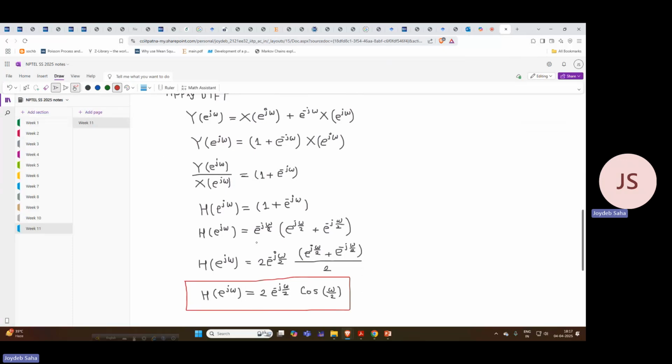Take 1-2 more minutes and try to think what we have done till now, then we'll move to the next problem.